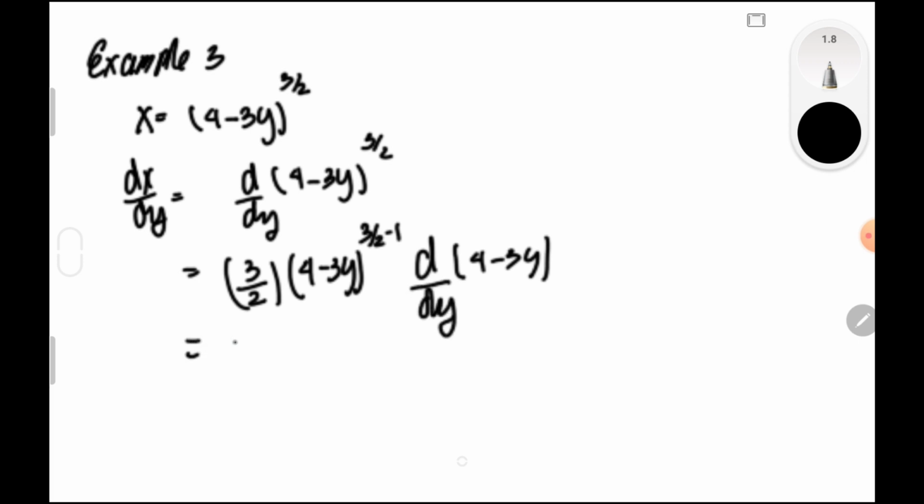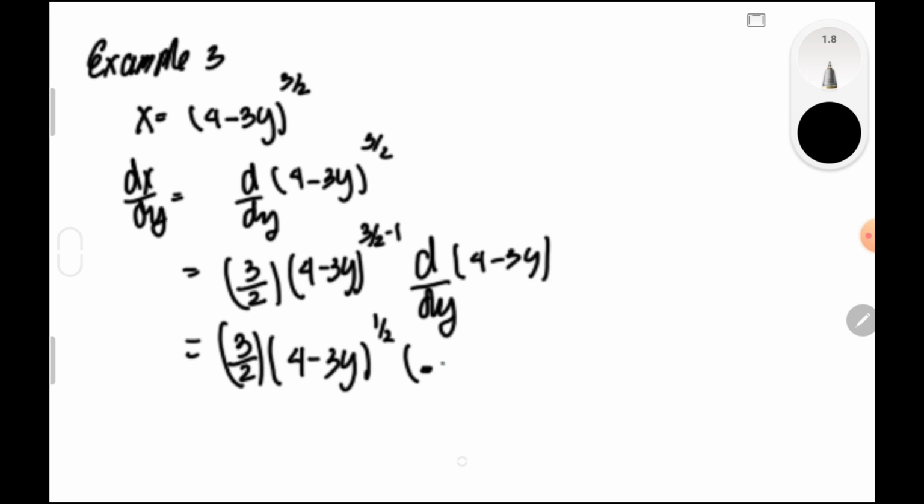So we'll have a value equal to 3/2 multiplied by 4 minus 3y raised to 1/2, since 3/2 minus 2/2 is 1/2, multiplied by the derivative of 4 minus 3y.